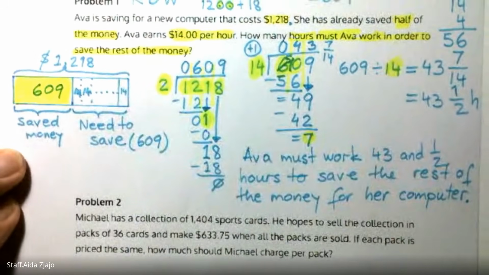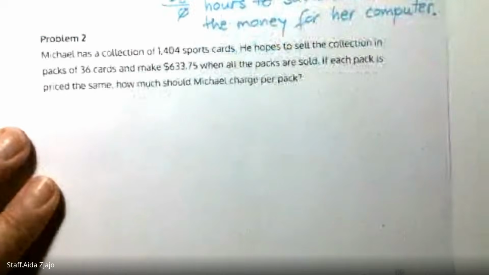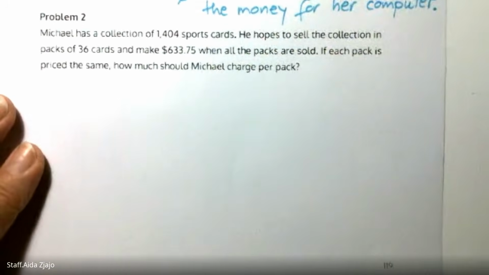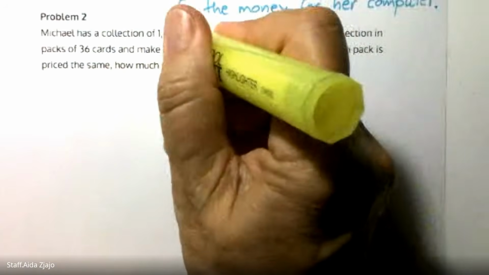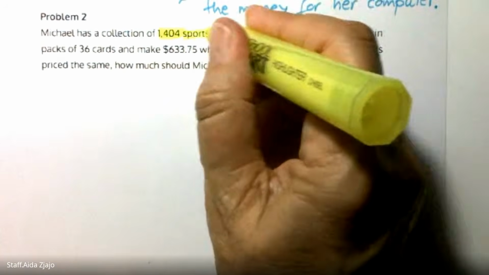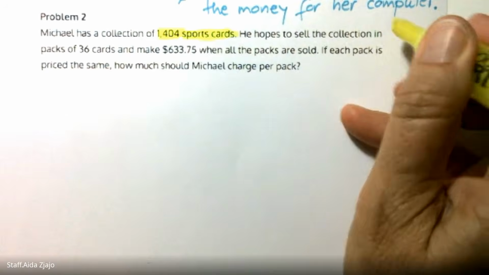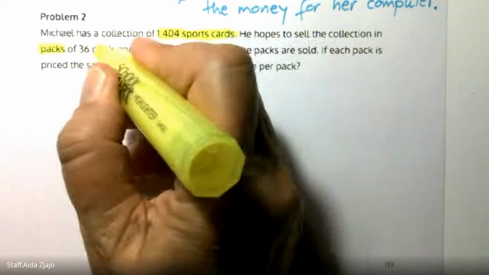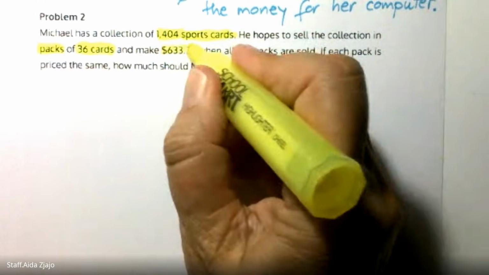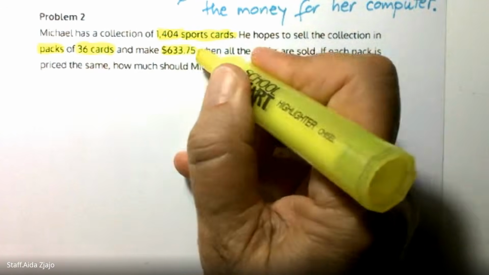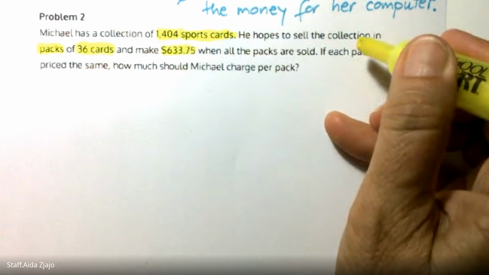Okay, that was problem 1. Let's move on to problem 2. Problem 2 says this. Michael has a collection of 1,404 sports cards. He hopes to sell the collection in packs of 36 cards and make $633.75 when all the packs are sold.